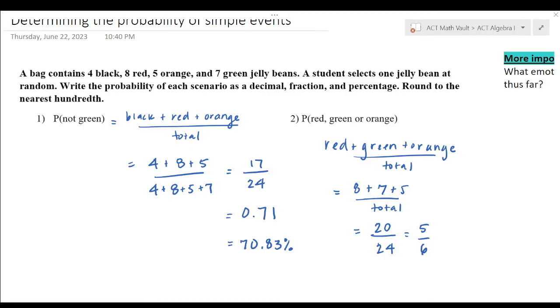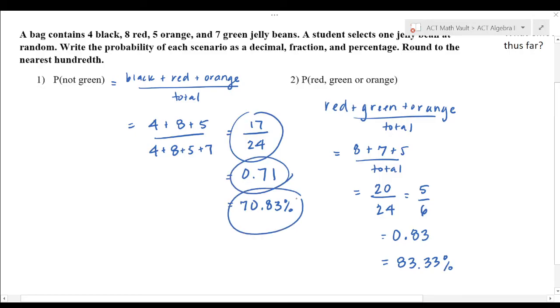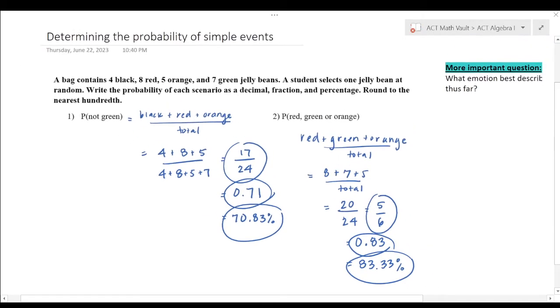Just plugging it in the calculator, it's 0.83. And if I rounded to the nearest hundredth as a percentage, it's 83.33%. Remember, you always move the decimal place over twice. So any of these are my answer. It just depends on what format you are asked for.